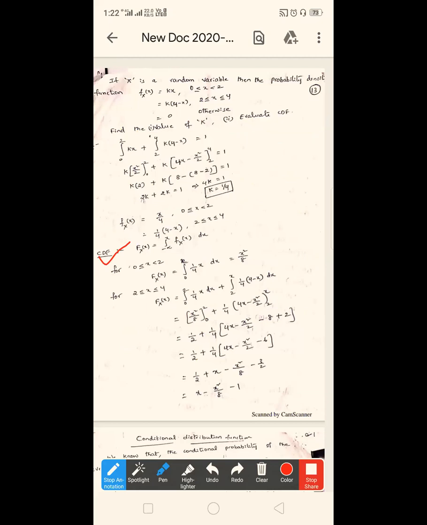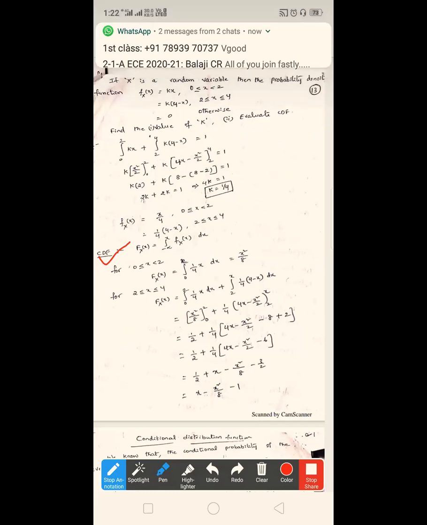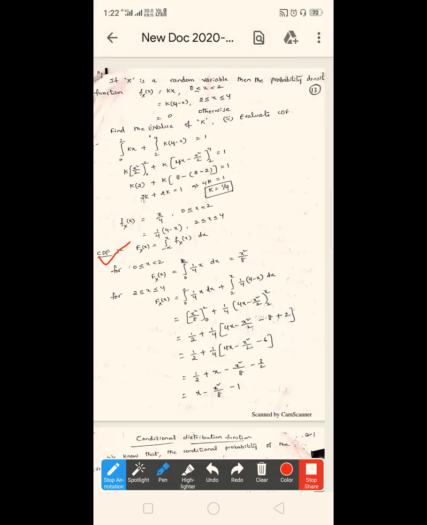Now, let us find the cumulative distribution function. How can we find it? What is the relationship between the cumulative distribution function and the probability density function?